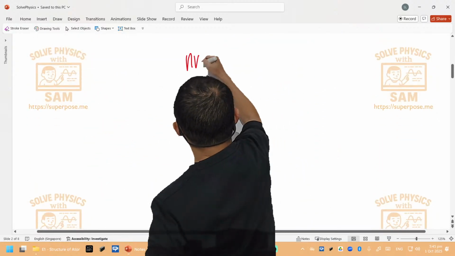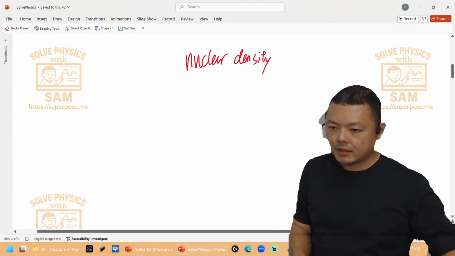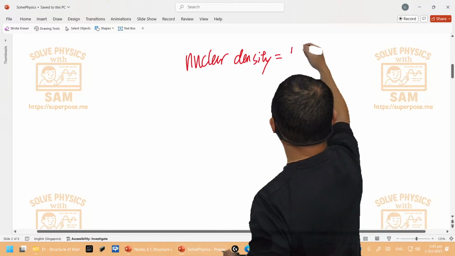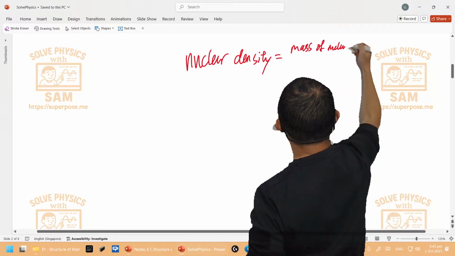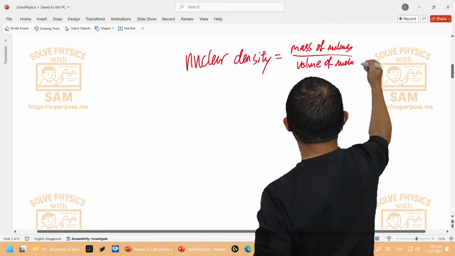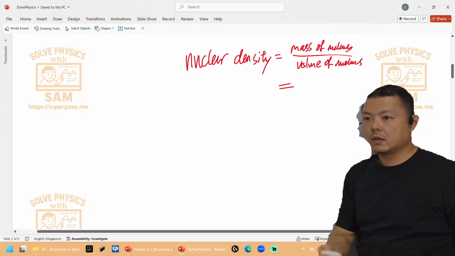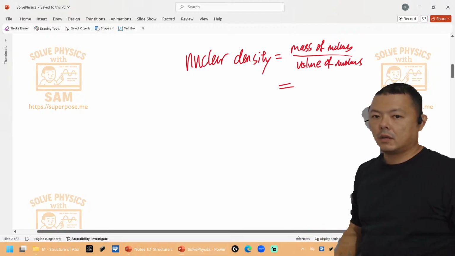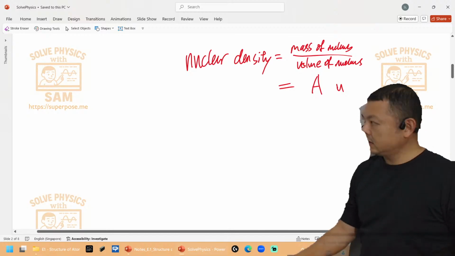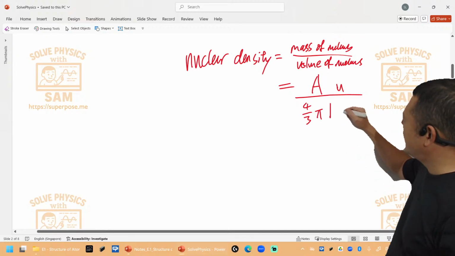Okay. Nuclear density. How do we find nuclear density? Mass over volume. I just said it. How do you find the mass of nucleus? Mass of nucleus over volume of nucleus. So that's A times u, divided by the volume, 4/3 pi r cubed.